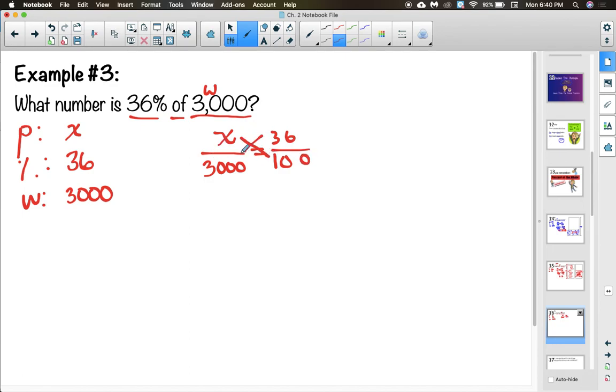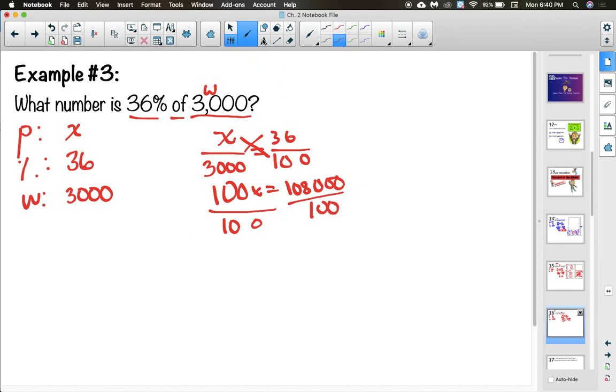So we cross multiply. X times 100 is 100x. 36 times 3,000 is 108,000. Okay, 108,000. And to get the x all by itself, we divide both sides by 100.